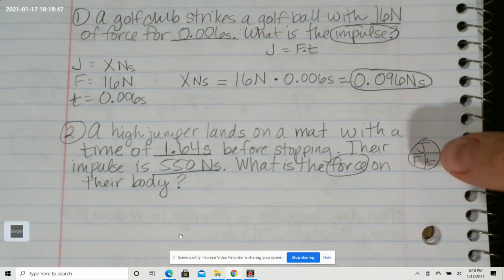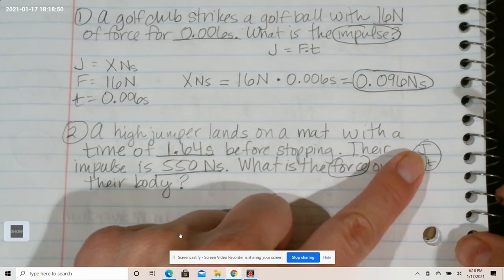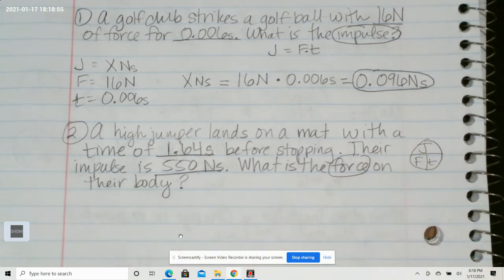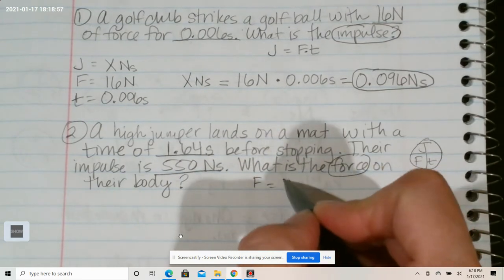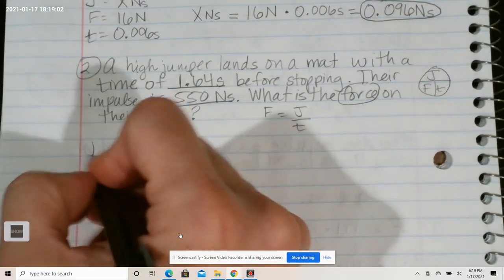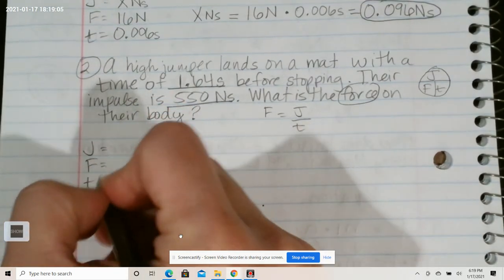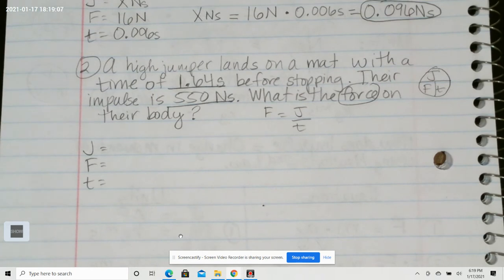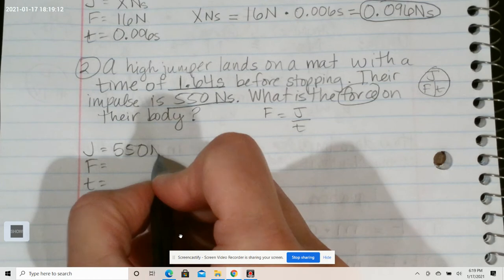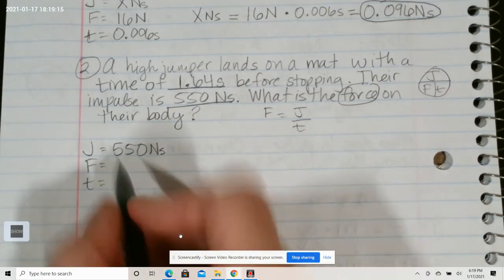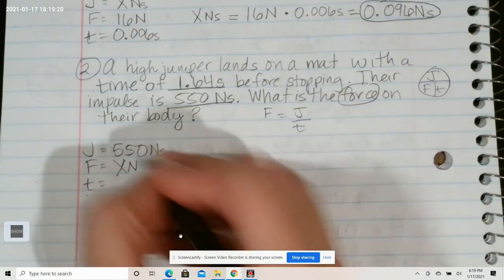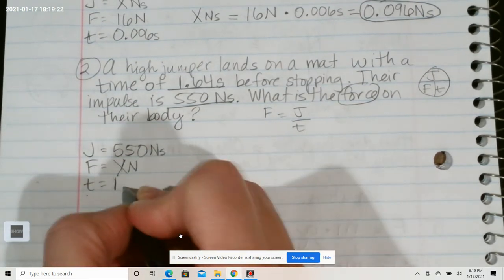So we want to know force, so we're going to cover up F. That gives us impulse divided by time, J on top of T. So our equation will be force equals J over T. We need J, F, and T, because those are our variables. We have 550 newton seconds for our J. We need force, which is going to be X newtons. And we're given time of 1.64 seconds.